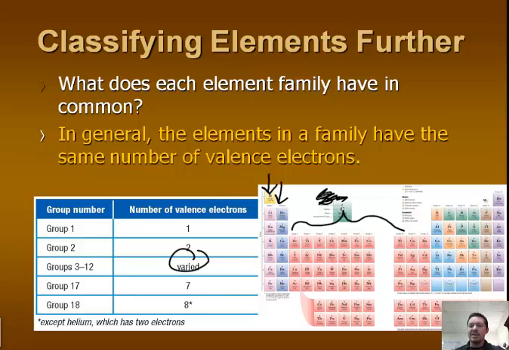Group 17, the second to last one, has 7. And with the exception of helium, let's draw a little box around there, starting with neon, we've got 8. And helium only has 2.